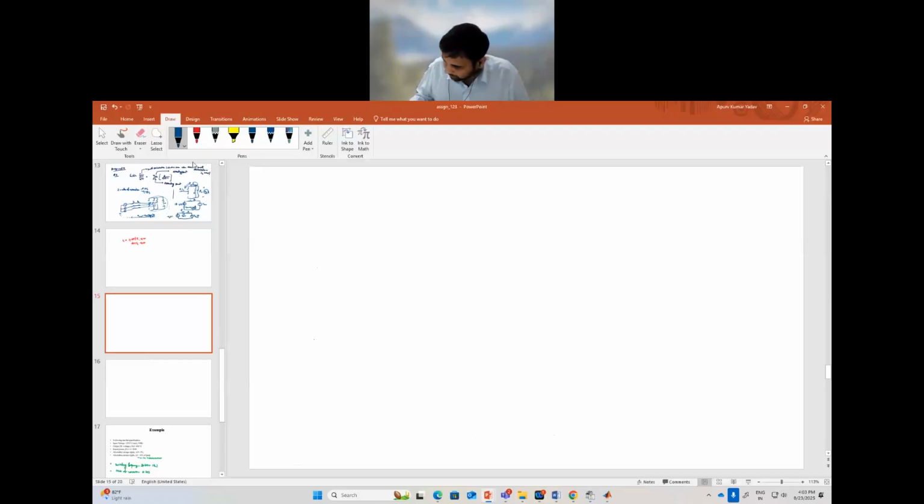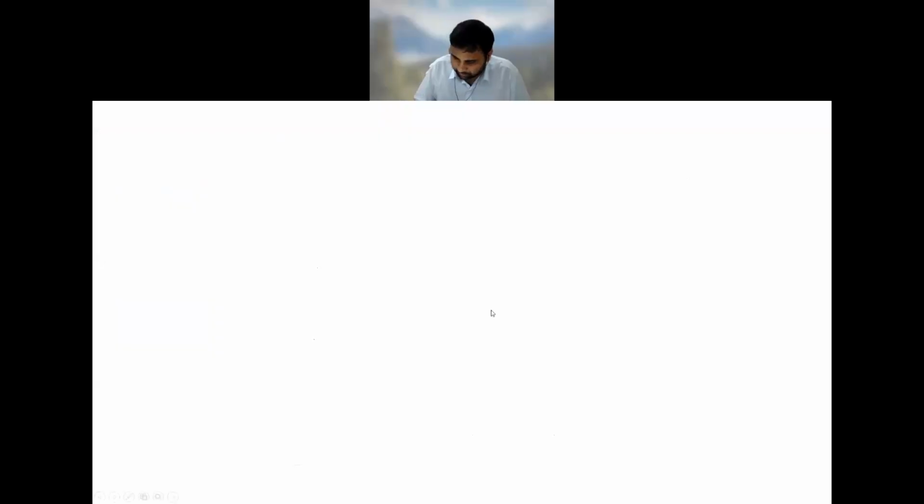So, let me solve one problem where, for example, let us take our flyback based PFC. So the circuit looks something like this. And after that my PFC converter is there.